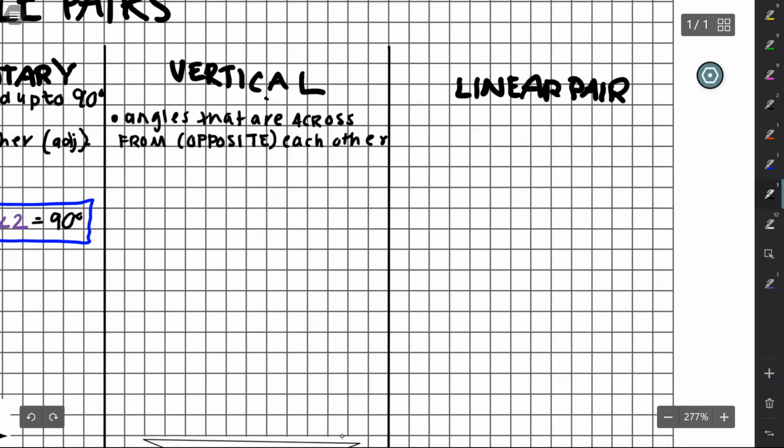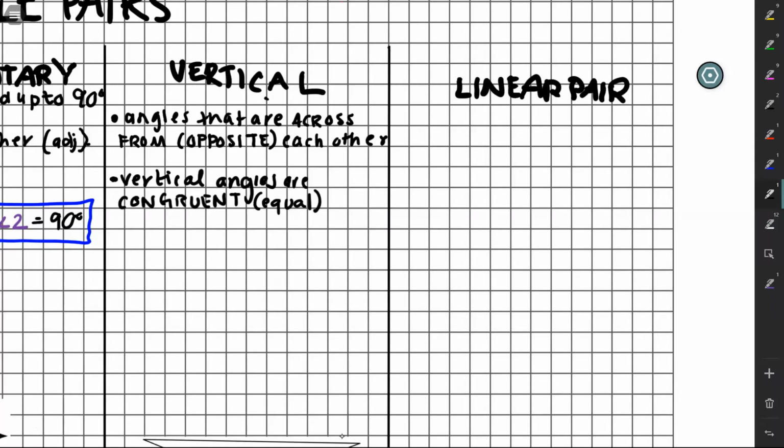And what's important about vertical angles is that they are congruent, or equal, which means they have the same measure.